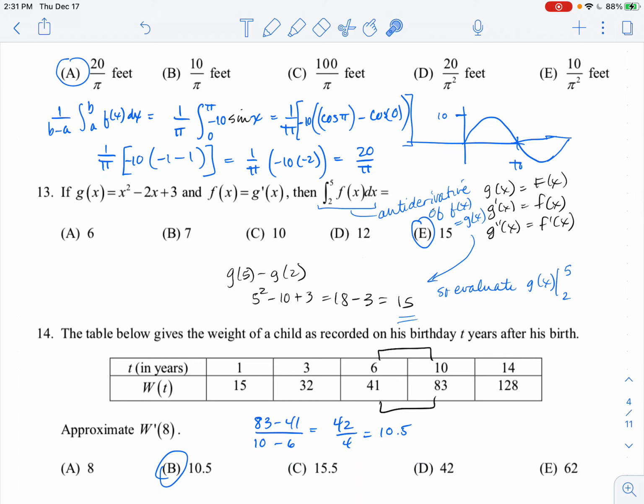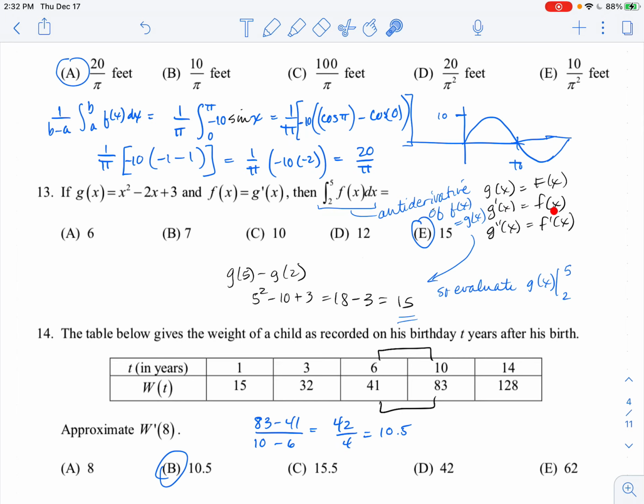In 13, it says if g of x is x squared minus 2x plus 3 and f of x equals g prime of x, then the integral from 2 to 5 of f of x dx is equal to what? And so if I know that the antiderivative of f of x is g of x. And so what I did over here is I made myself a little table.